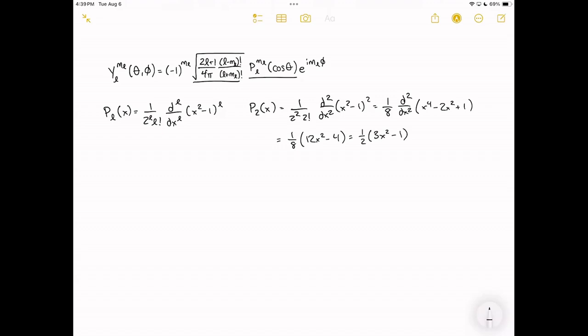To get the associated Legendre polynomials, you plug it into the following formula. So we'll have P L m sub L of x.